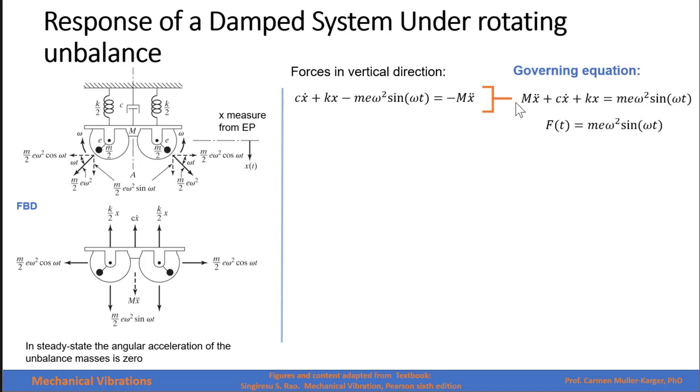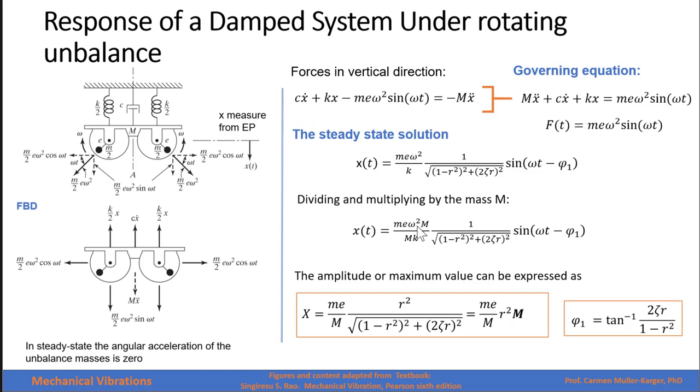This can be written as a regular second order differential equation: mass times acceleration, plus constant of the damper times the velocity, plus constant of the spring times the displacement, equals a non-homogeneous term, which will be our force of excitation. The steady state solution, as usual, is the amplitude of the force divided by the constant of the spring, times the magnification factor, times the sine of omega t minus a phase angle.